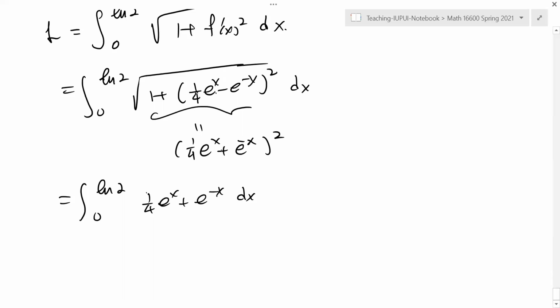So I can get rid of the radicals quickly. Then you find the antiderivative of the first one, then the second one, and you come back to that function again.